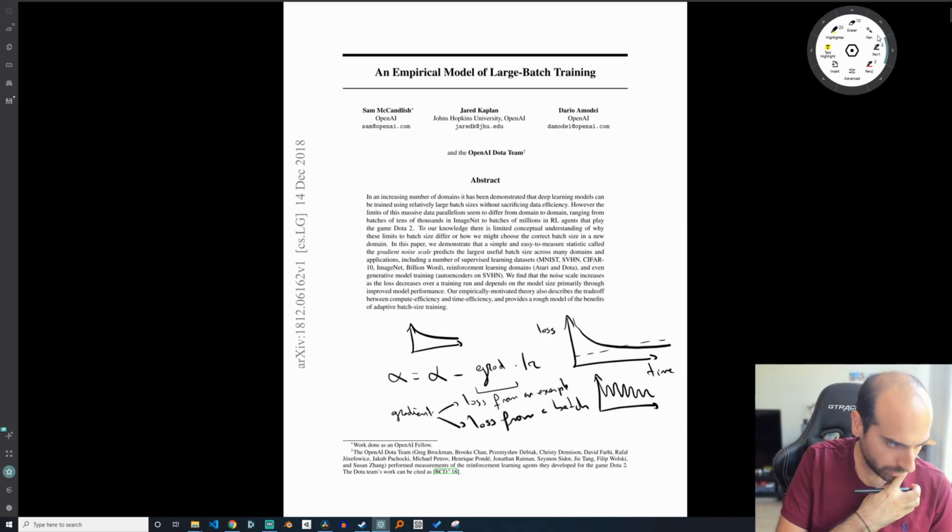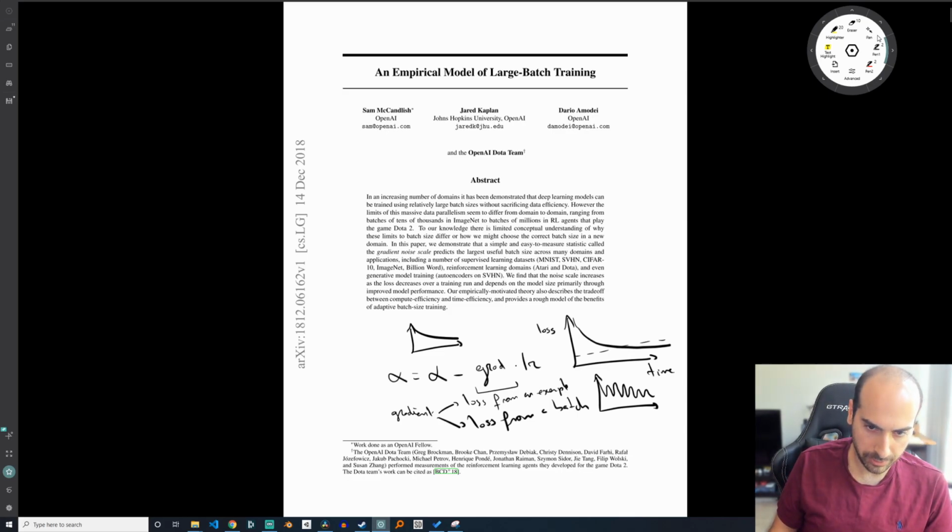So one natural question is, why don't we load the entire data set as a batch? Generally large batches are good, so why don't we just load the entire data set? There are two problems with this. The first is that the data is too big, by which I mean it doesn't fit in a GPU's memory, say over 40 gigs.